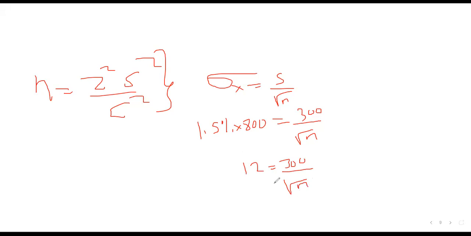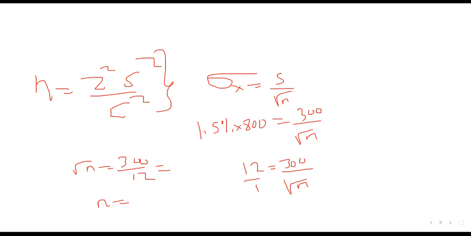Okay, then to find n, cross multiply. So these ones just swap positions. Square root of n is 300 over what? Over 12. What is 300 over 12? 25.